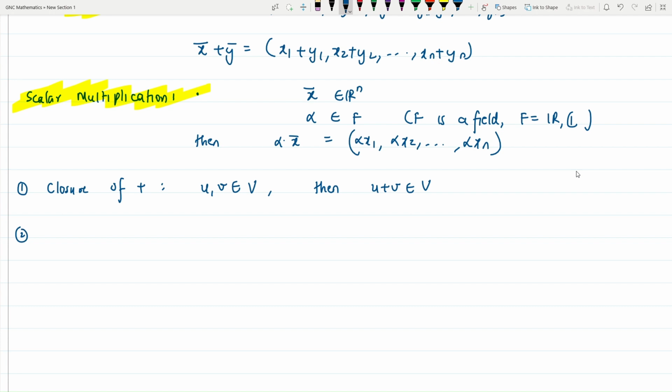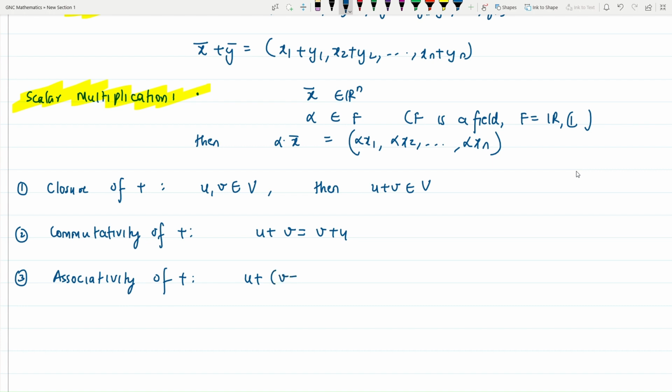The second condition is commutativity of plus. By commutativity of plus, we say that u plus v must be the same as v plus u. The third condition is associativity. By that we mean if we have more than two vectors, then the addition can be done taking any two vectors into consideration.